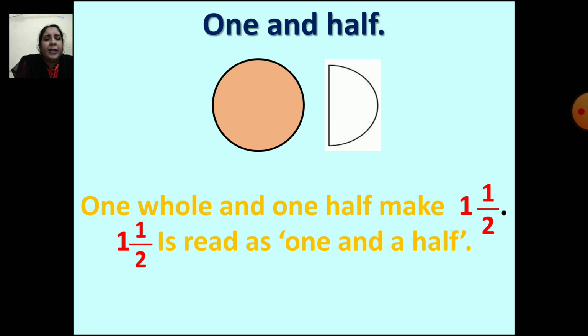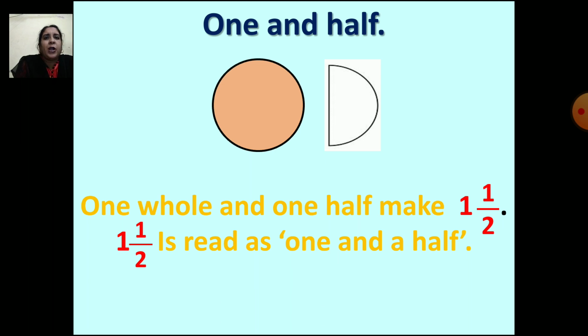Now 1 and a half. You can see in the figure one full circle is shown, and for the second part what do you see? A half circle is shown, right? So for the circle what will you write? One whole and one half, that is 1 upon 2. 1 upon 2 is read as, how are you going to read this? 1 and a half.